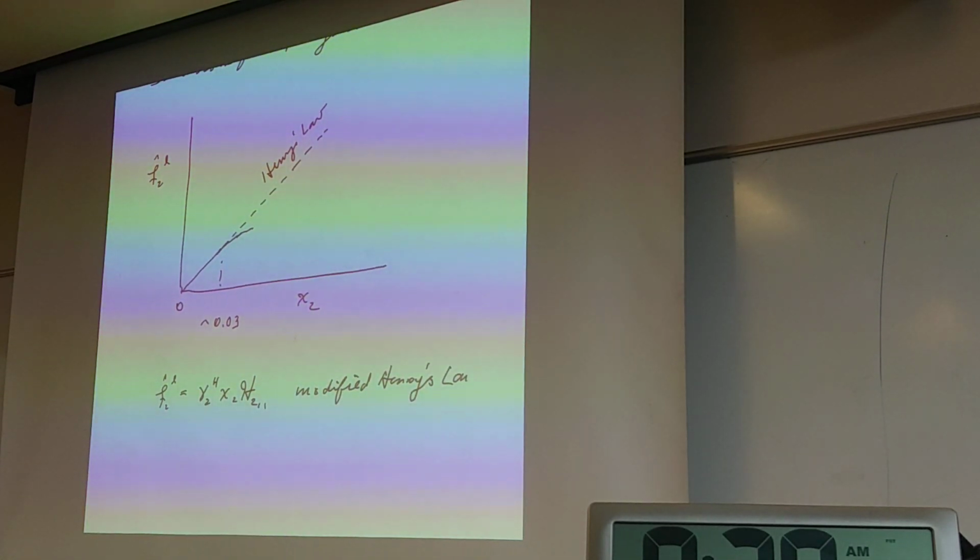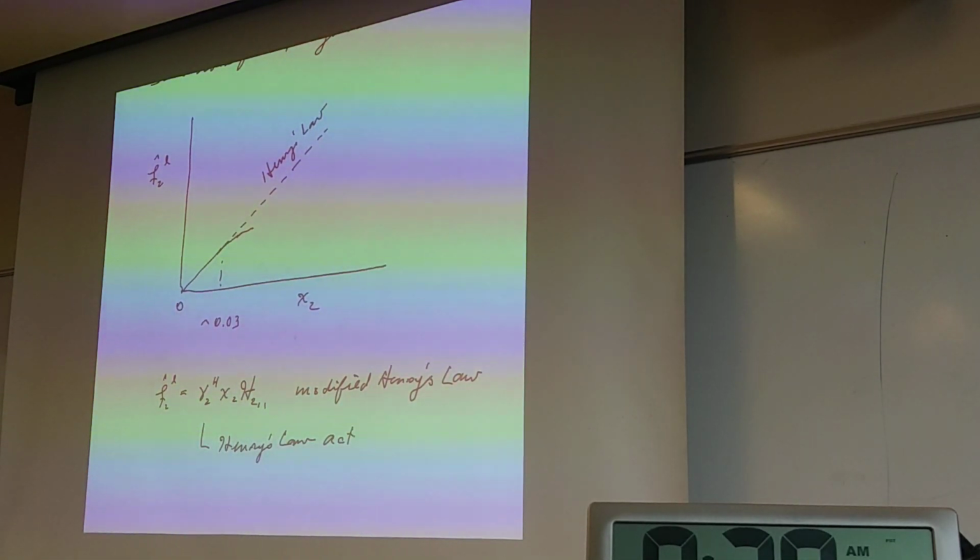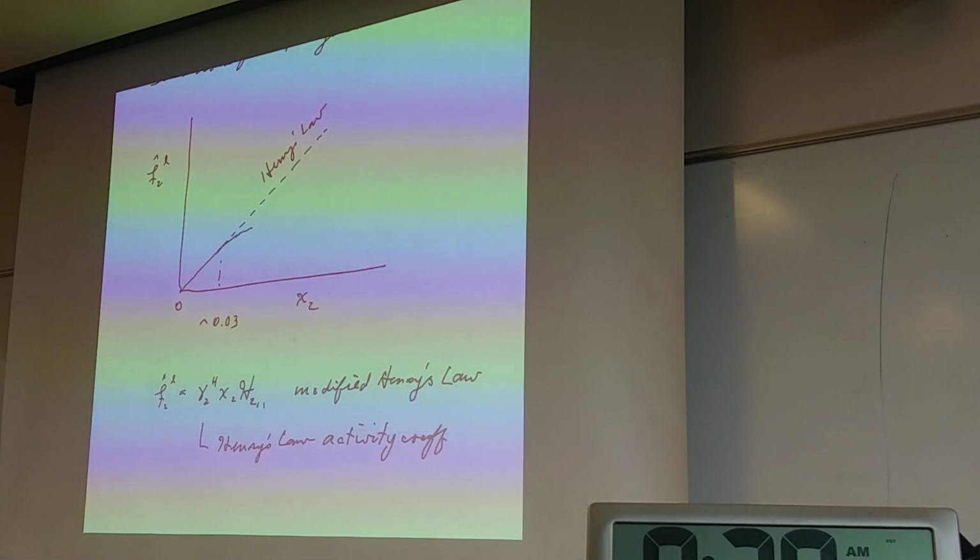If I can write it appropriately here. So this activity coefficient is, and what's the important thing to notice is it is not equal to the old activity coefficient, because we're referring to a different reference state.